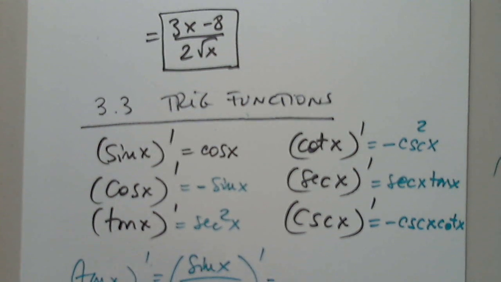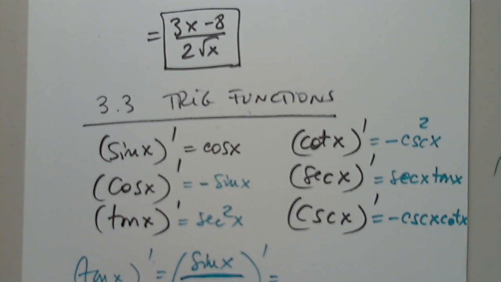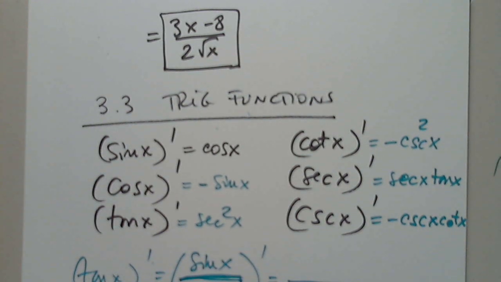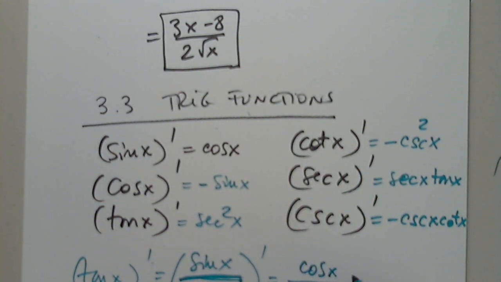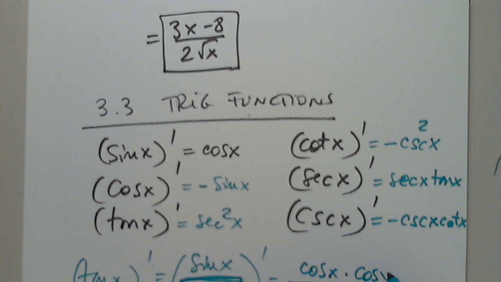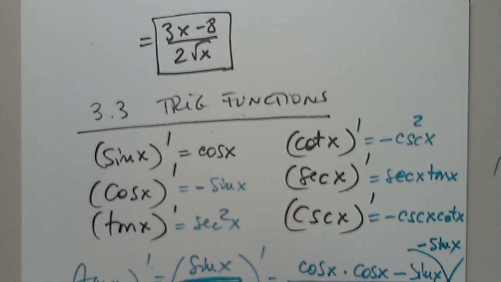Which rule applies here if I want to differentiate sine over cosine? The quotient rule. Yes, of course. So can you tell me what I will get? Sine prime, which is cosine, times the denominator, minus the numerator, times the denominator prime, over the denominator squared.